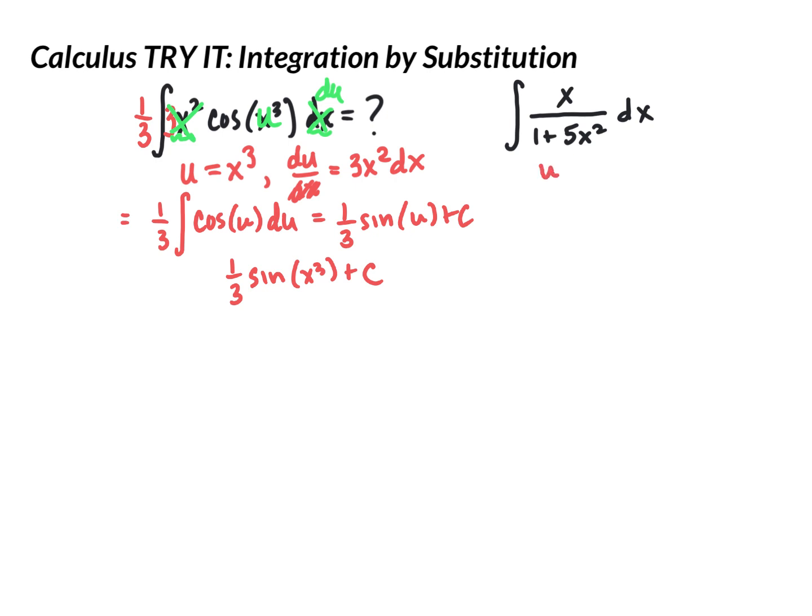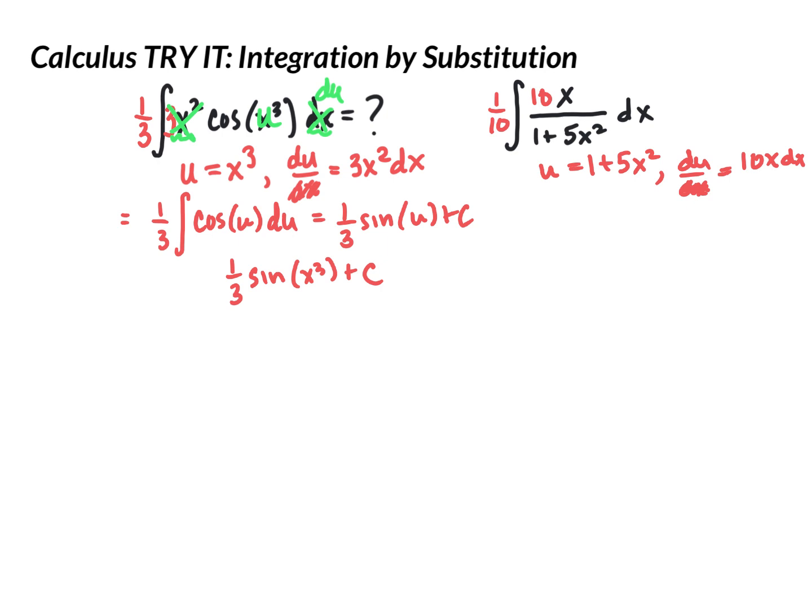So in this case, let's let u be 1 plus 5x squared, in which case du dx is 10x. Again, we just always right away multiply that dx over. So if I could make this 10x, that would be a perfect substitution. I'll offset that with a 1/10 out front.